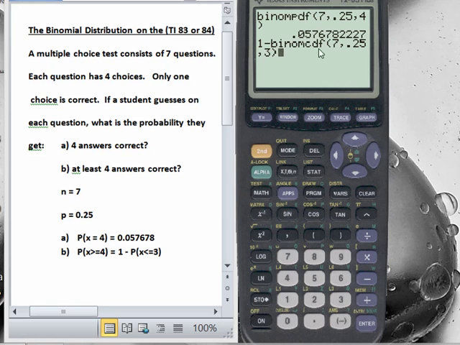It's going to go 1 minus this accumulated probability to give us the probability that x is greater than or equal to 4. Hit enter, and so the probability that x is greater than or equal to 4 is equal to 0.0705566 and so on.